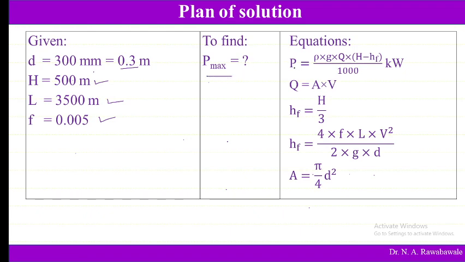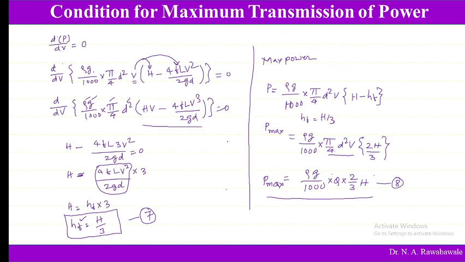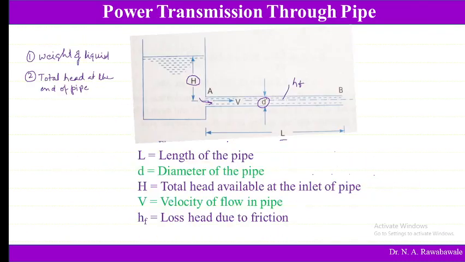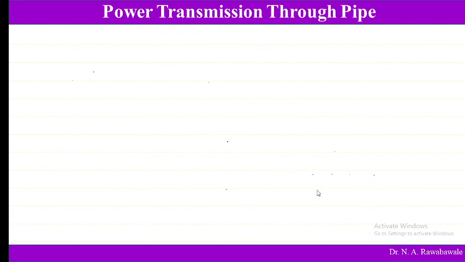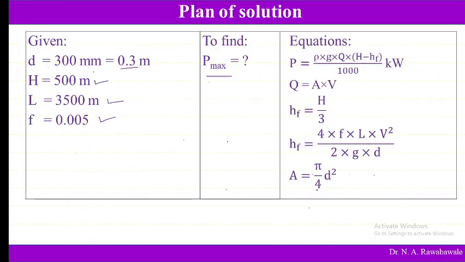Generally we know the equation for power transmission: P is equal to rho g q (h minus hf) divided by 1000, or we can use the equation just derived for maximum power, rho g divided by 1000 into q into 2 by 3 h. So this formula can also be used.